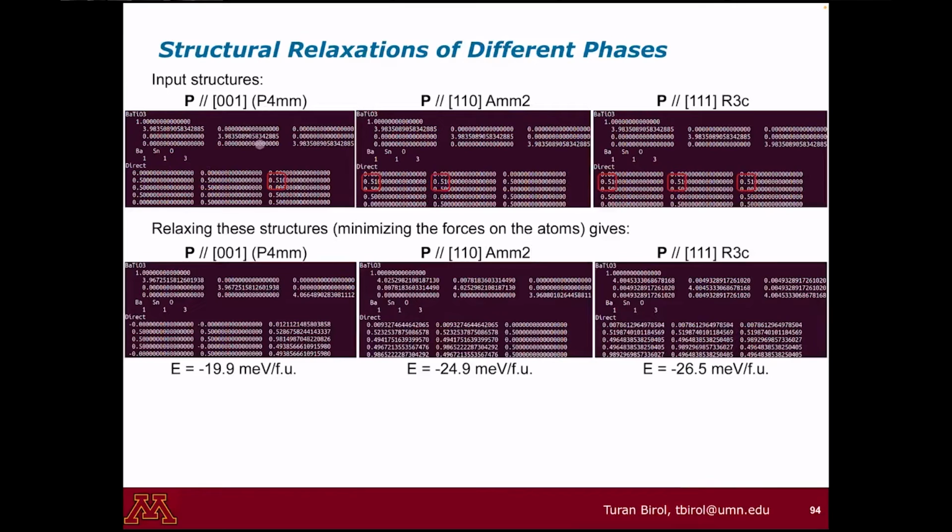You can put these structures in FindSim, and you should, to confirm their space groups. But when you relax them, you will see that other atoms are also displaced according to the displacement pattern of this phonon displacement you started with.